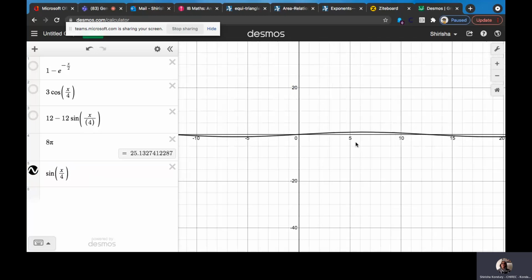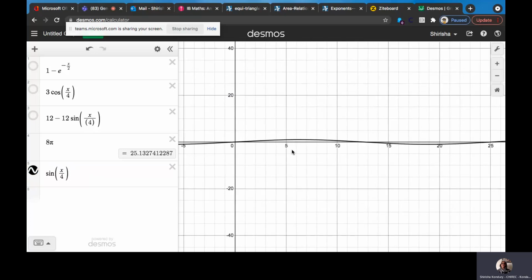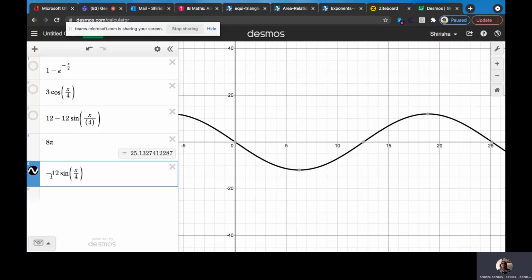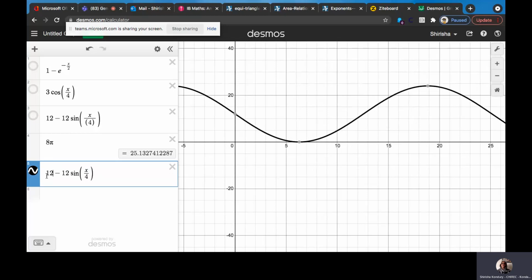That's my first thing. That's why they have asked us to graph it. Now I'm looking at 12 times this value. I'm translating it, then I'm reflecting it. Right? There is a minus. And then I'm adding 12 to it.